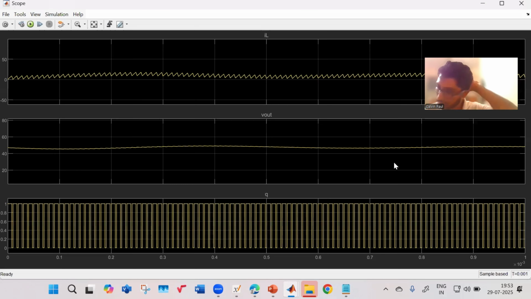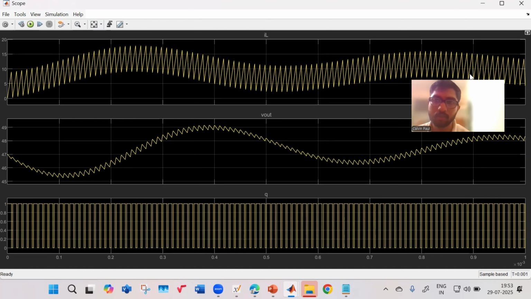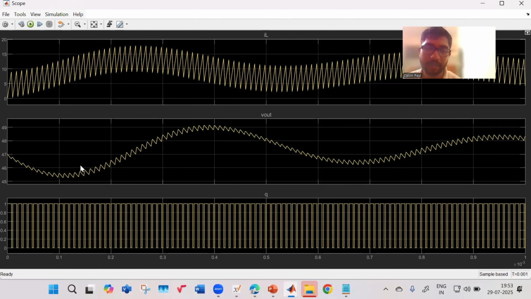So this is my scope. This is the inductor current, and this is the behavior of the output voltage. Actually, the output voltage has not settled till now, but it will settle if we increase the simulation time. Now, if you see this, it will not look neat in your reports.